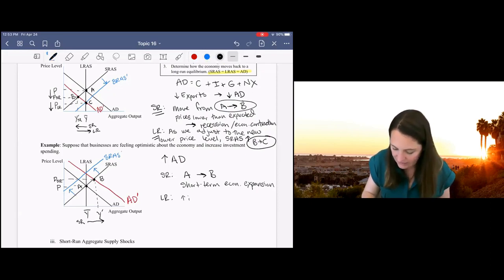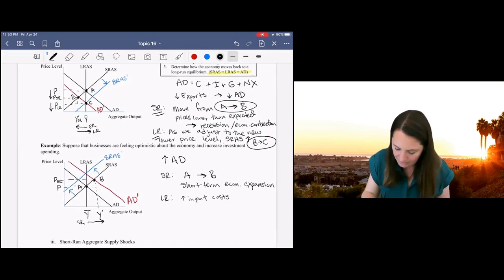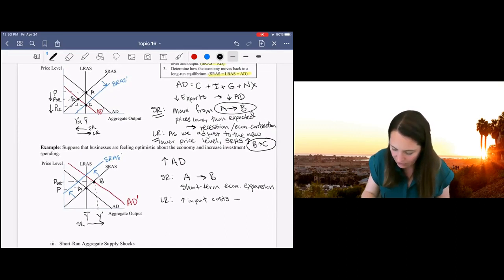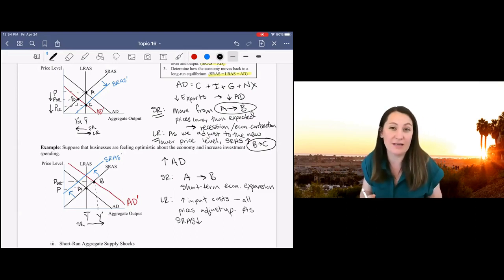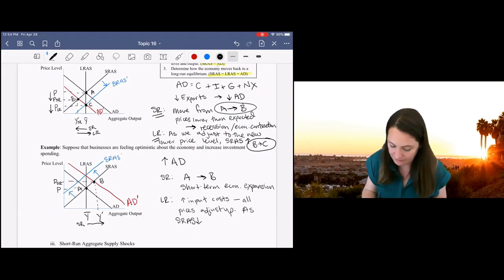We get an increase in input costs, and then all prices will adjust upward. We show that on the graph. Short run aggregate supply is decreasing. We require a higher price to produce the same quantity of products.